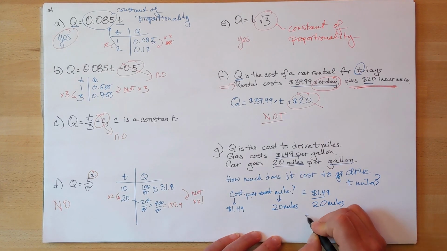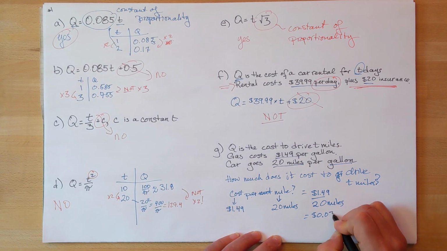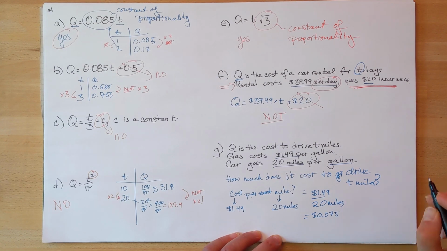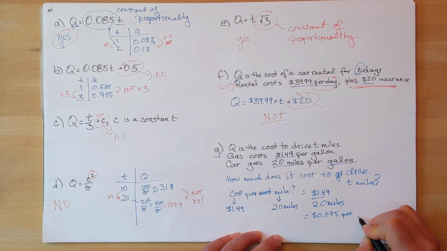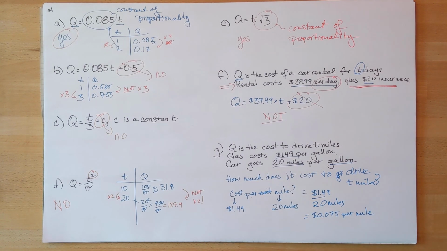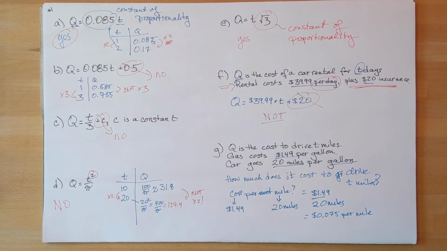If I do that, I get 7.5 cents, 0.0745, I'll round that to 0.075 dollars per mile. So I can figure out the cost to go a mile, and it's this simple sort of rate relationship.